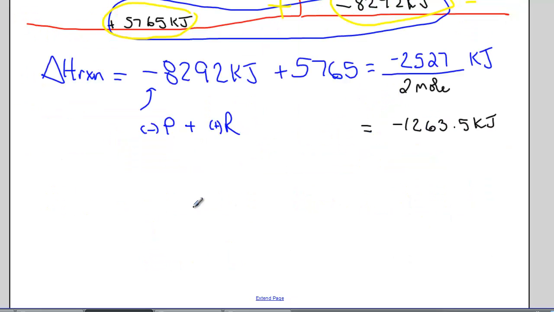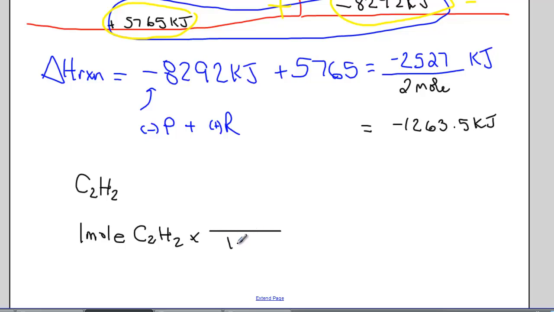And it said per gram. So remember our formula was C2H2. If we had 1 mole of C2H2, and I want to convert that into grams, I need the molar mass for C2H2.